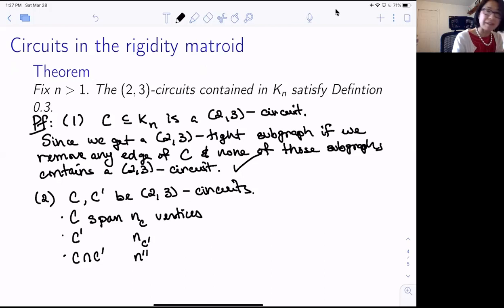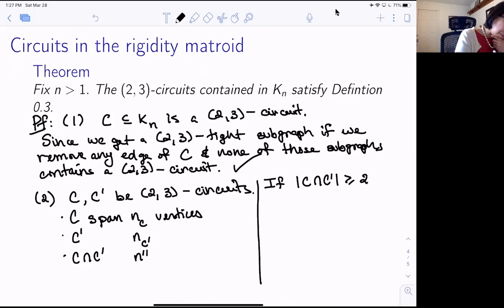So let's think about the size of that intersection. When I look at the size of the intersection, if I got greater than or equal to 2n double prime minus 2 edges, well then it would have to contain a circuit.